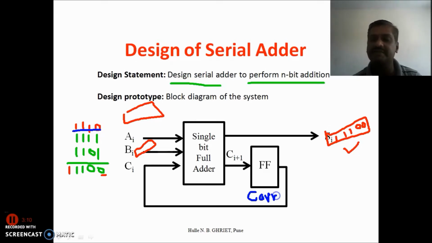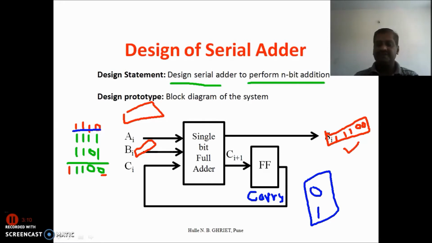Here as far as the design is concerned, carry is the state. Now how many states of the carries are possible? We have two options, the carry may be 0 and carry may be 1. Means here in this particular case the number of states required will be 2. State A, carry is equal to 0, state B, that is carry is equal to 1. And how many flip-flops do we need to store the carry as a 0 or carry as a 1?